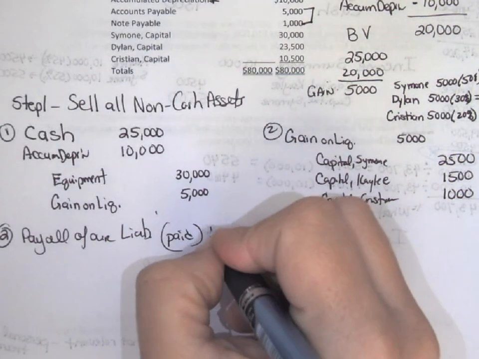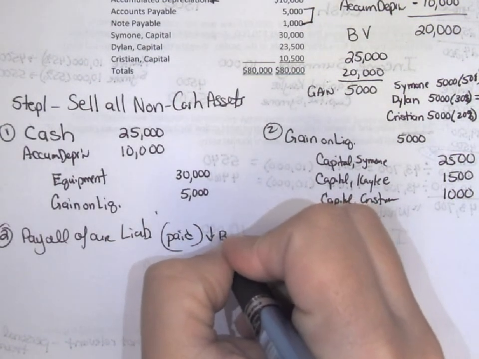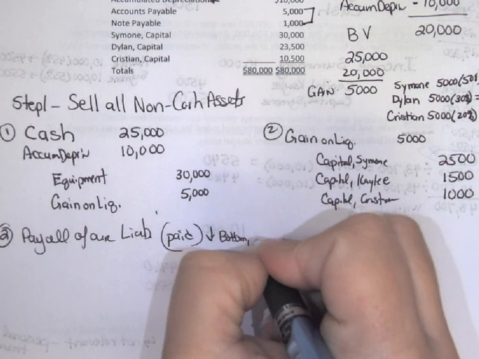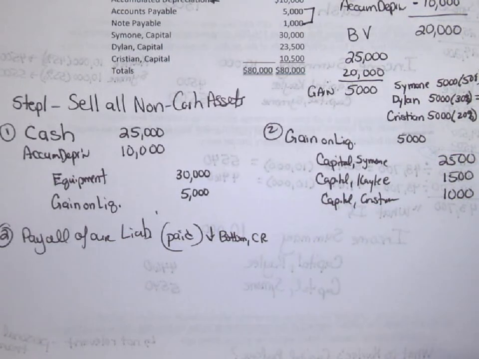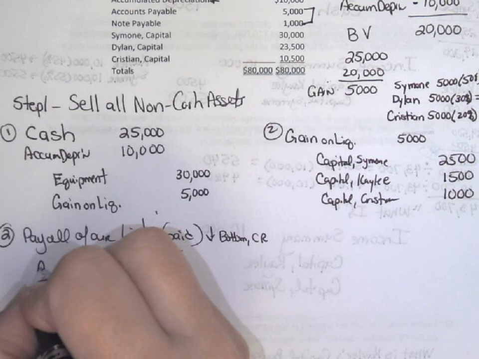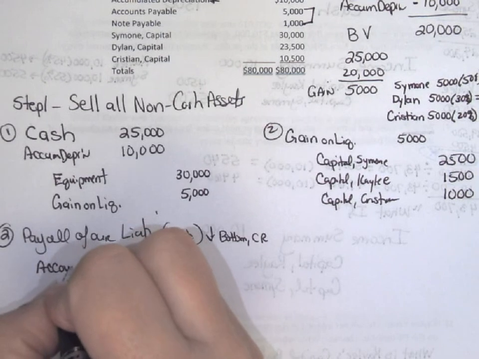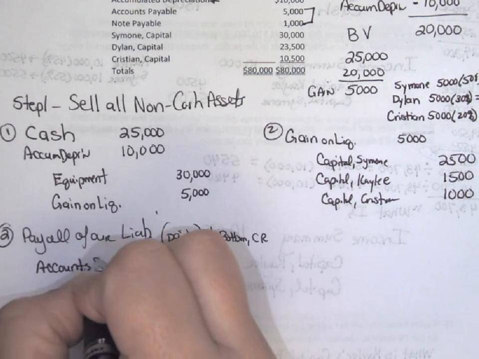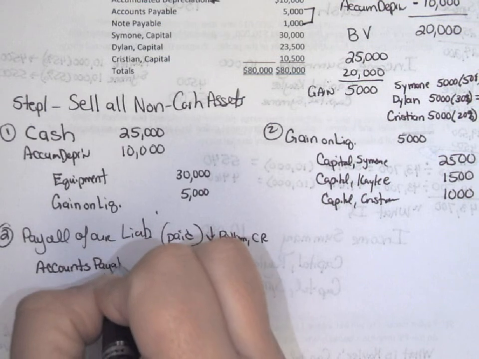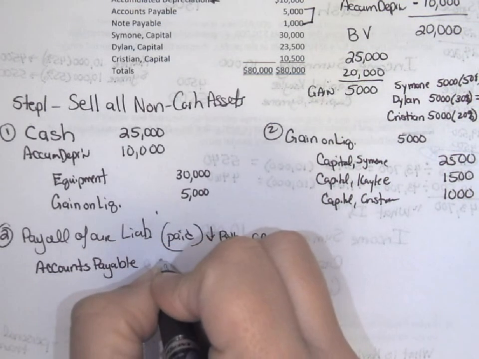And so that means a decrease in cash, which means cash is going to be on the bottom. It's going to be our credit account, and that means that our accounts payable and notes payable are going to be our debit accounts. So I have accounts payable, and that's $5,000.